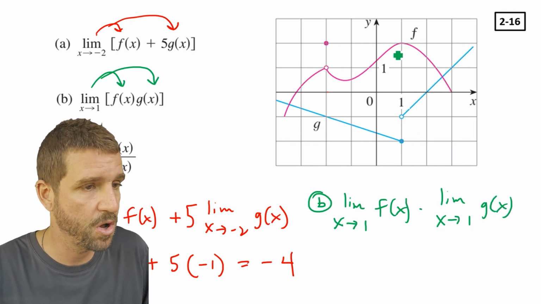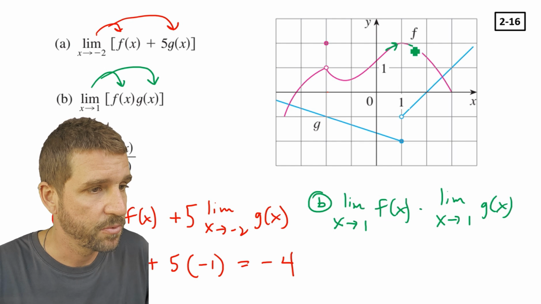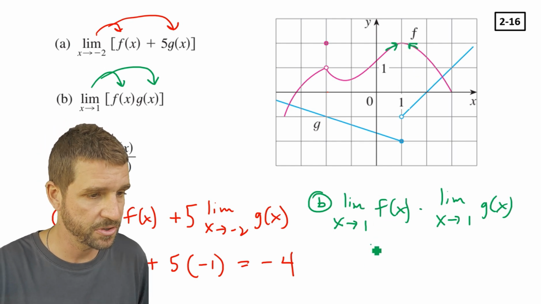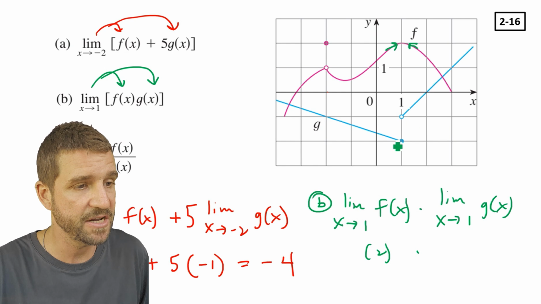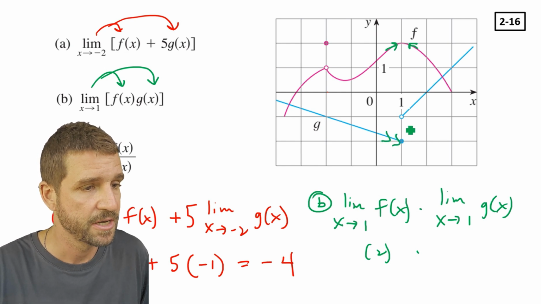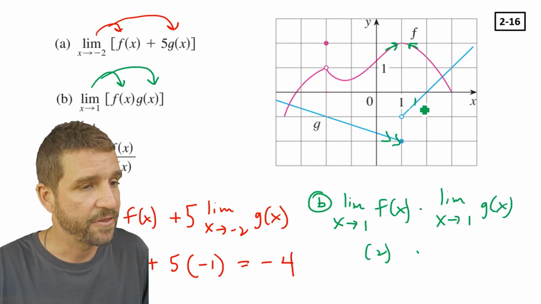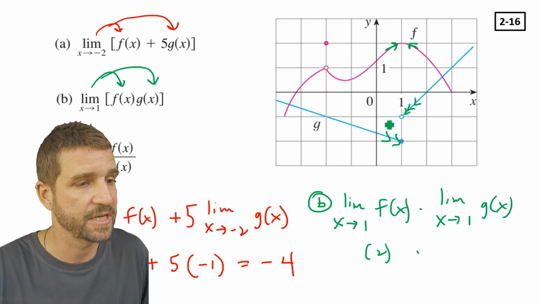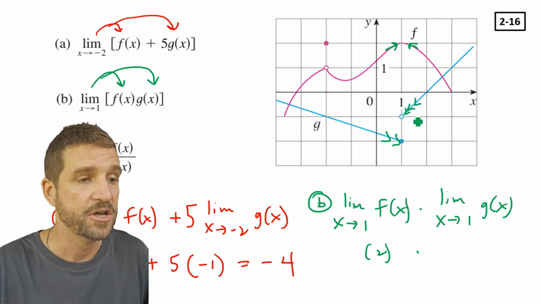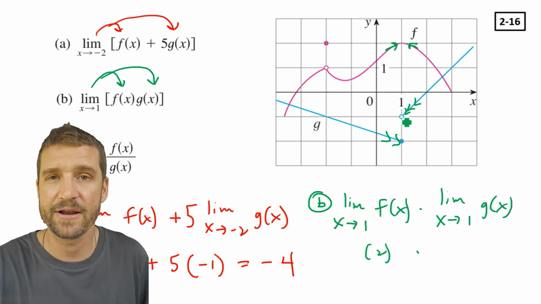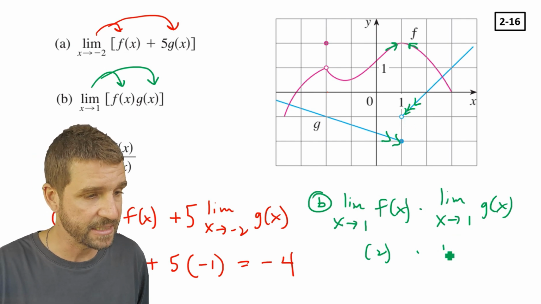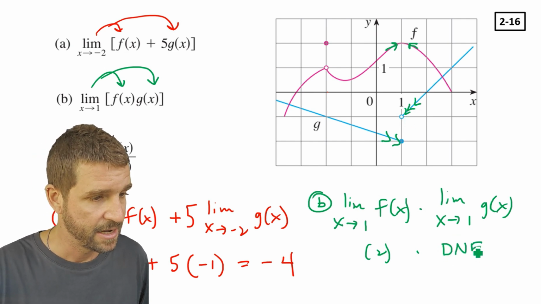As we approach 1, the f of x, we are approaching 2, so this is going to be 2 times the limit as x approaches 1 of g of x. Well, the left approach is approaching negative 2, and the right approach is actually approaching negative 1. So these two, the left and the right approach, do not agree. Therefore, this limit does not exist.